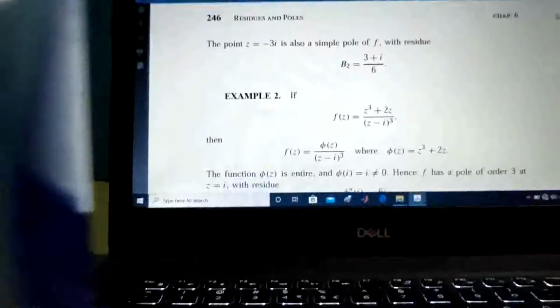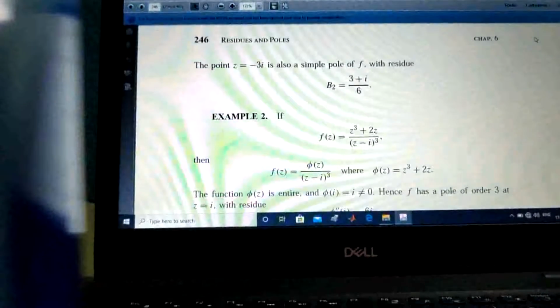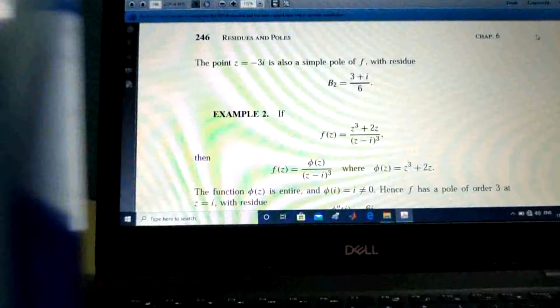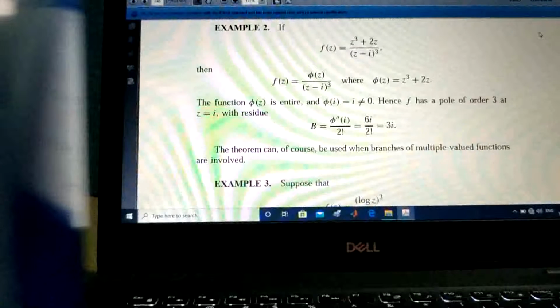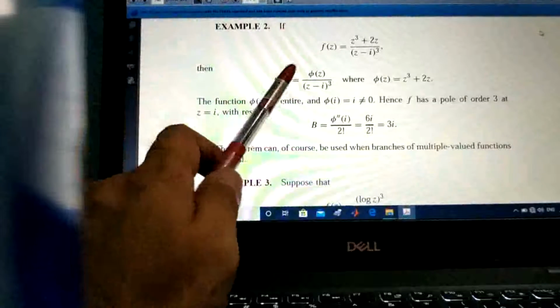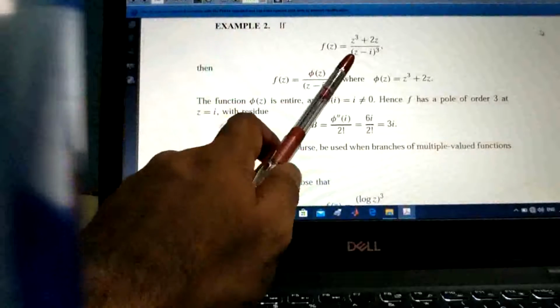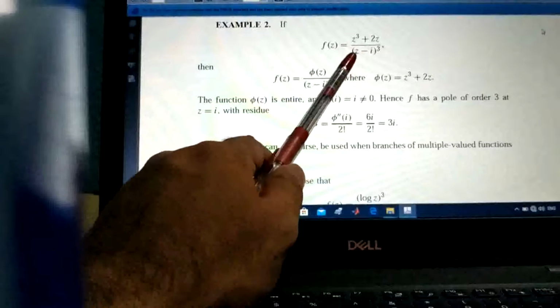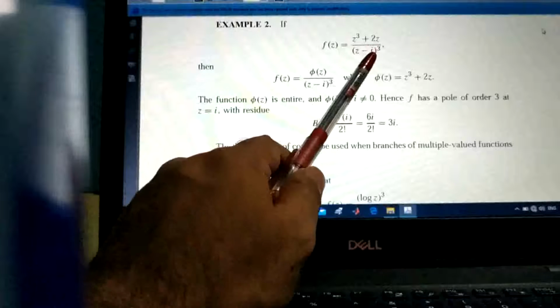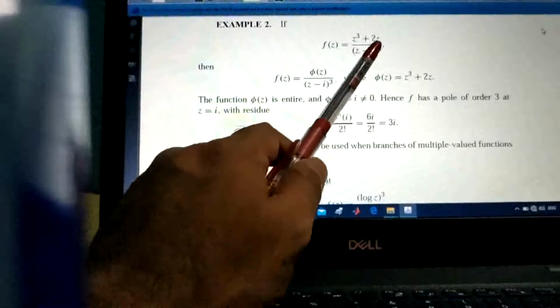So then phi 1 of z at minus 3i will be giving the residue of the function. Then next example, see here, the function is clearly failing to be analytic at z equals i.